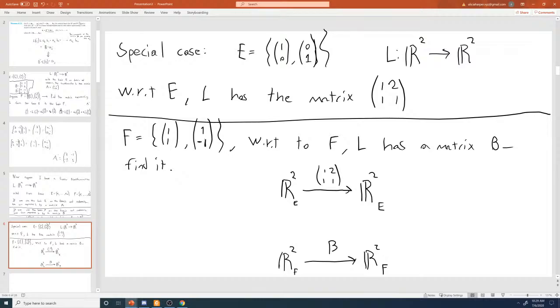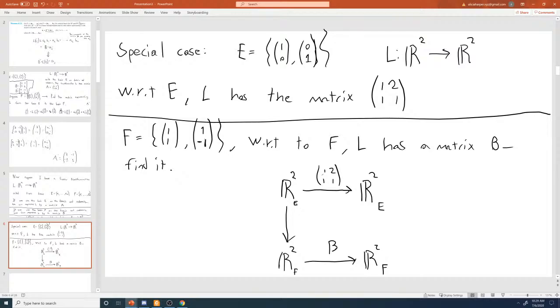Well, I might try to figure out what the relationship between B and this matrix has to be. One way to do that is to consider the associated change of basis problem. So I can try to change from the basis E to the basis F. If I do that, then I have a change of basis map going down like this.